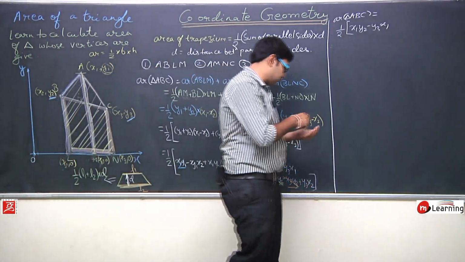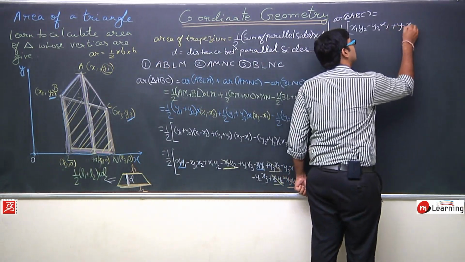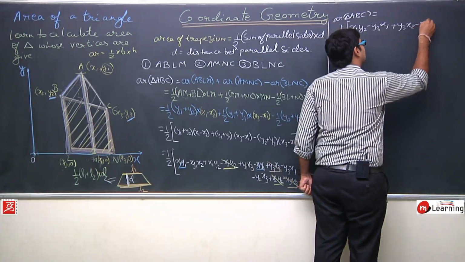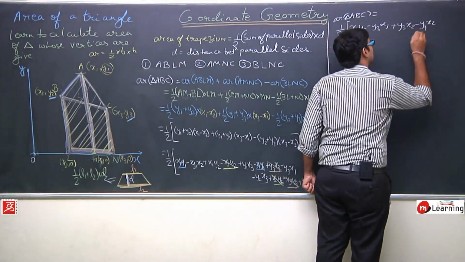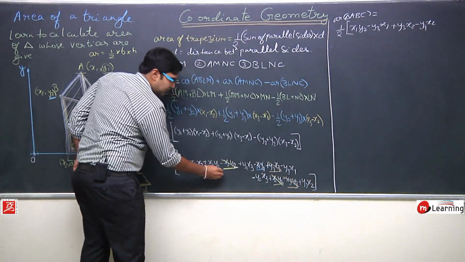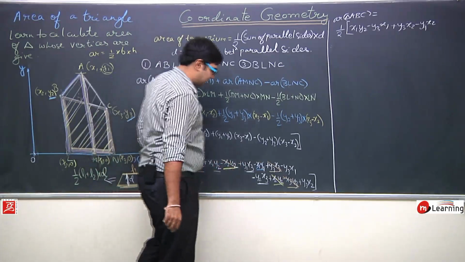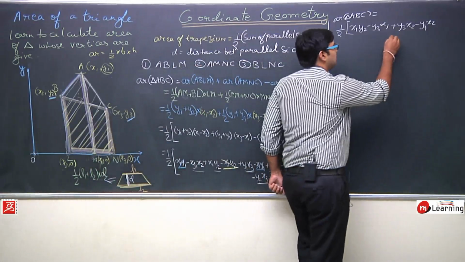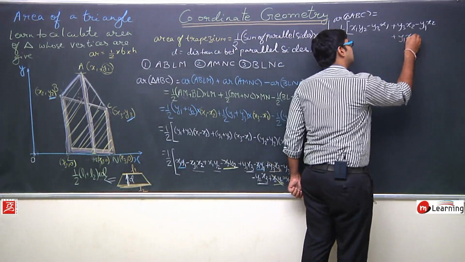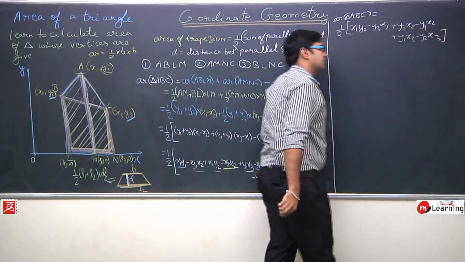So let's bring these two terms together. What I am going to write is y3 x2 minus y1 x2. Then these two terms are done. Then this term and this term, you can see y1 x3 and y2 x3, so plus y1 x3 minus y2 x3.